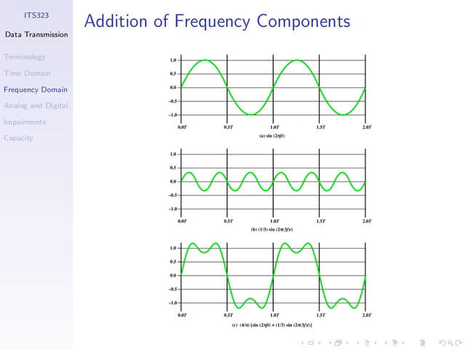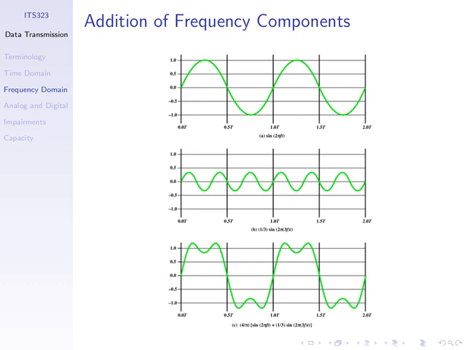You can see the peak amplitude here is 1, and the peak amplitude in SB is 1/3, so it goes up to 0.33. This one repeats 3 times within this period, and this one repeats just 1 time. That is, this signal has a frequency 3 times that of this one: 100 hertz and 300 hertz.